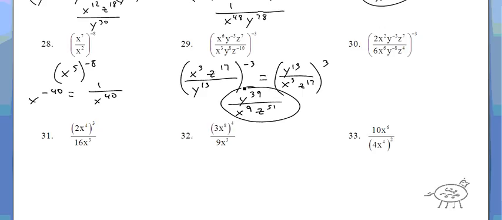Okay, let's move on to number 30. Same thing, I'm going to simplify the inside. And I get, well, that simplifies right off the bat, right?